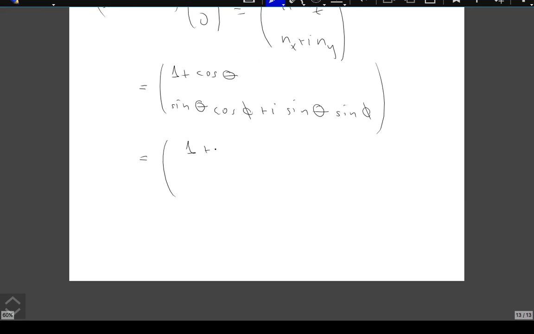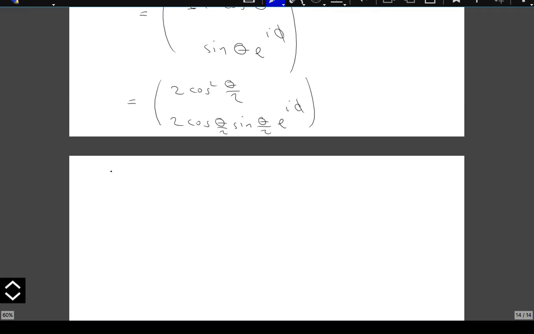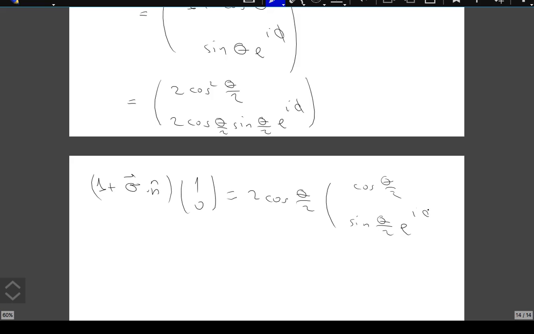This is equal to (1 plus cosine theta, sine theta e to the power i phi), which I can also write as twice cosine squared theta over 2, and twice cosine theta over 2 sine theta over 2 e to the power i phi, which is twice cosine theta over 2 times (cosine theta over 2, sine theta over 2 e to the power i phi).